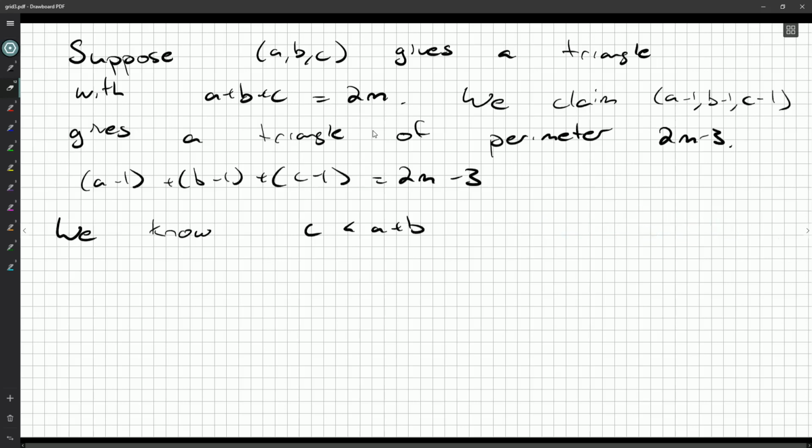I'm nervous about that. Maybe this isn't the right way to go about it. Well, we also know c is strictly less than 2m over 2, which is equal to m, because that's an inequality we've worked out, we've noted, we've written down.